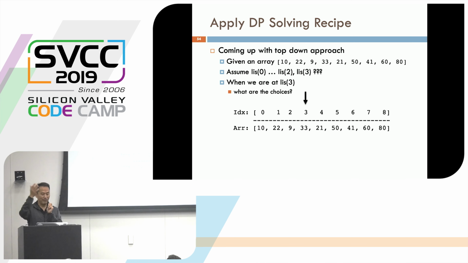We know from LIS of 0 to LIS of 2, we know the longest increasing subsequence for each one of those. We're going to do max of something, that's correct.